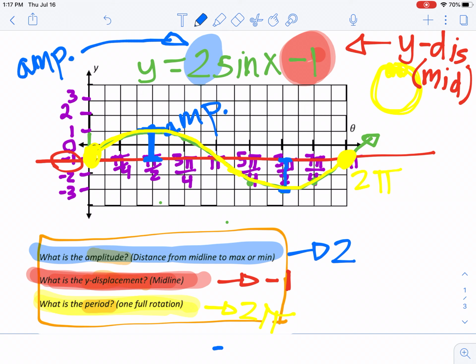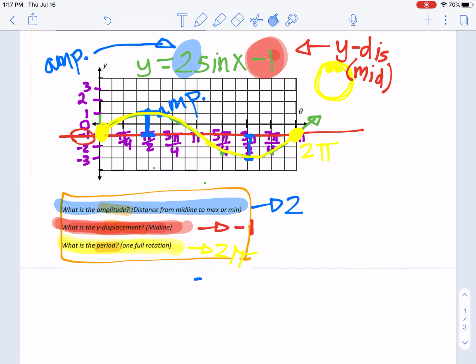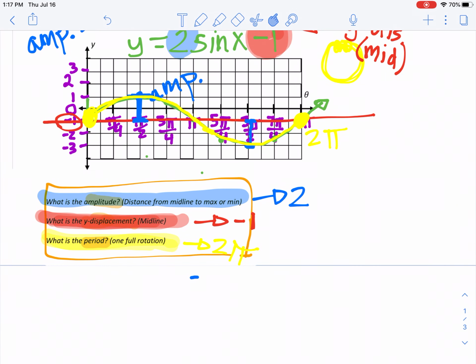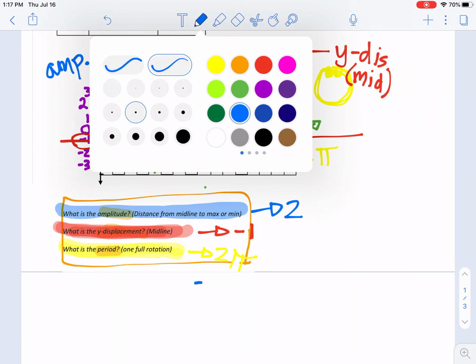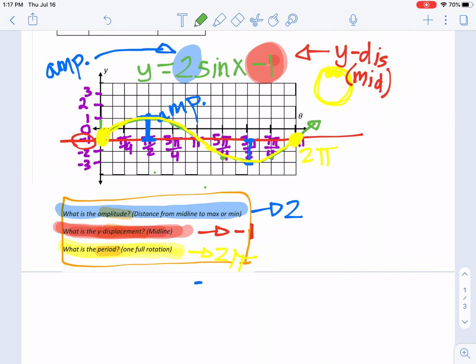So if I were to give you any equation, let me make one up totally on the spot: y is equal to 5 cosine x minus 3.